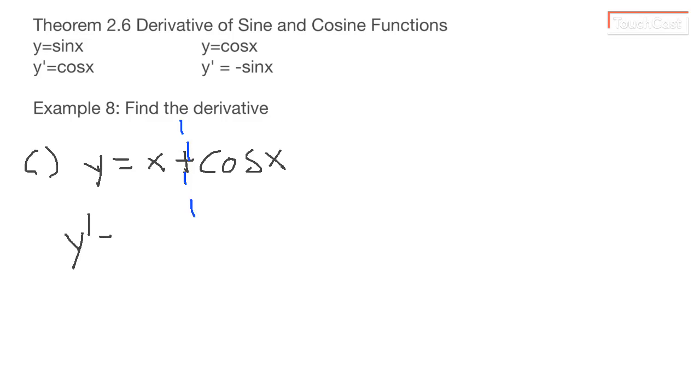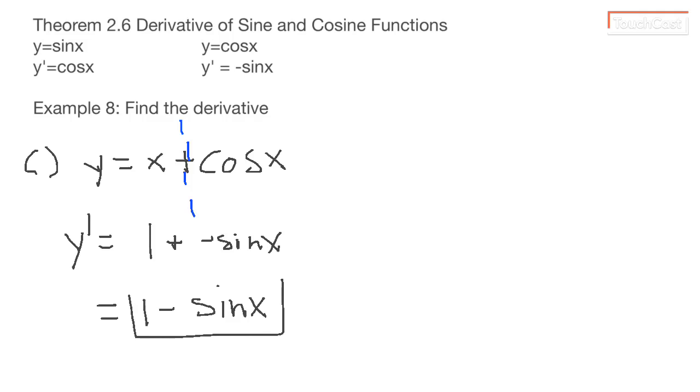So y prime is going to equal the derivative of x, that's just 1. And according to theorem 2.6, the derivative of cosine x is negative sine x. So we're going to have 1 plus negative sine x, which we can actually just write as 1 minus sine x. And we've found the derivative of x plus cosine x.